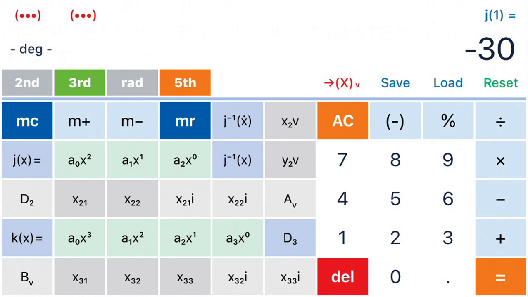If I have, let's say, number 2 and I want to evaluate it, all I have to do is press this j of x, and it will give me the y value. If I wanted to evaluate number 3, I do the same thing, and number 4, I do the same, and so forth. It's a really powerful way to evaluate equations.